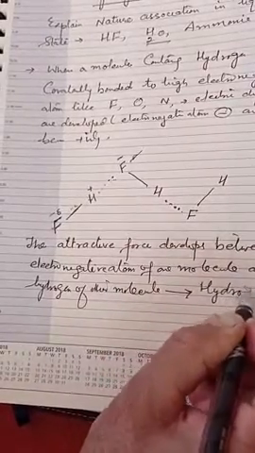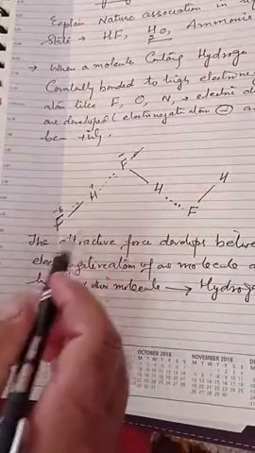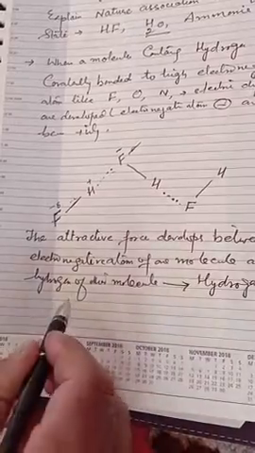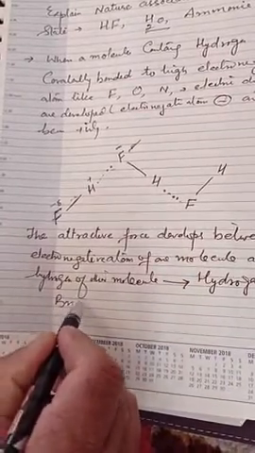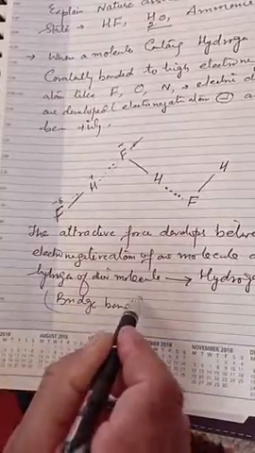This is what we call hydrogen bond. Now I have shown it here in hydrogen fluoride. Hydrogen bonding is a type of, I will say, bridge bond. It is also called a bridge bond.